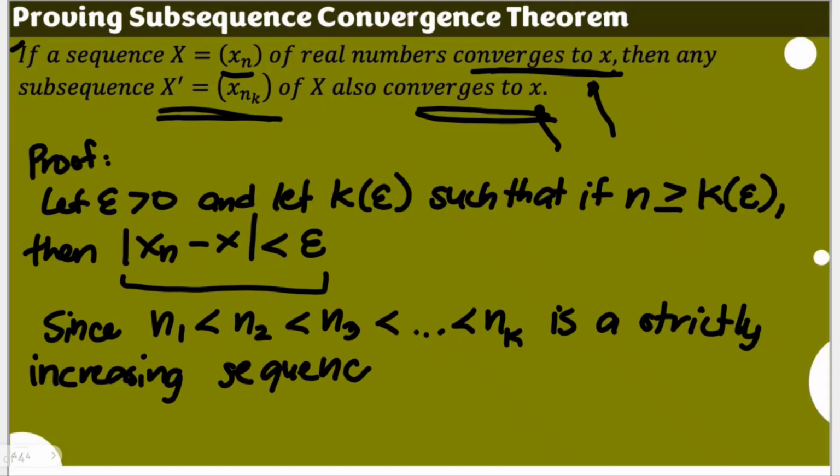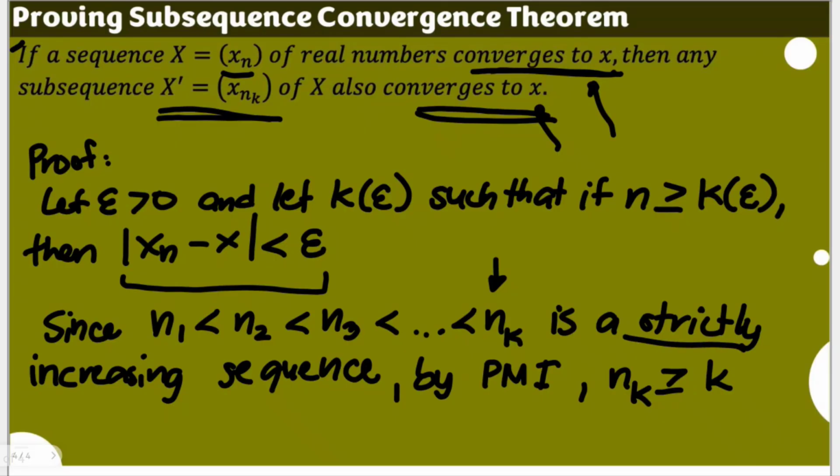We would like to establish that so that we can say, by mathematical induction, that whatever our n sub k would be, this value is greater than or equal to k. Why? Because take note, this is strictly increasing. We don't know the given expression for the sequence, but this is a sequence of natural numbers. So whatever the value of n sub k is, it is greater than or equal to k.